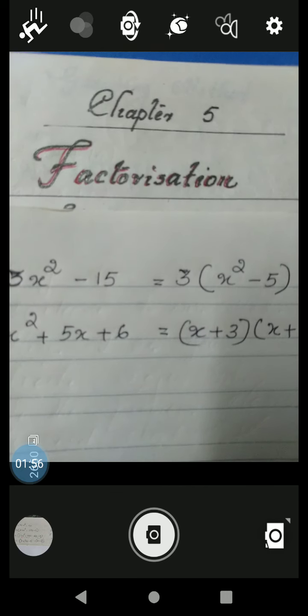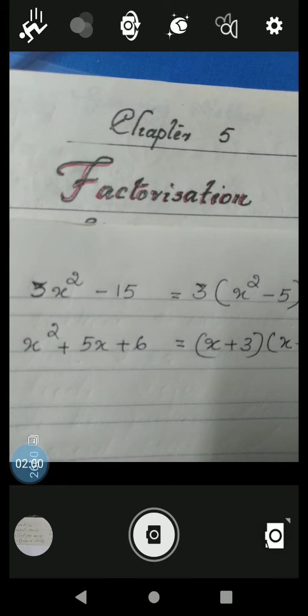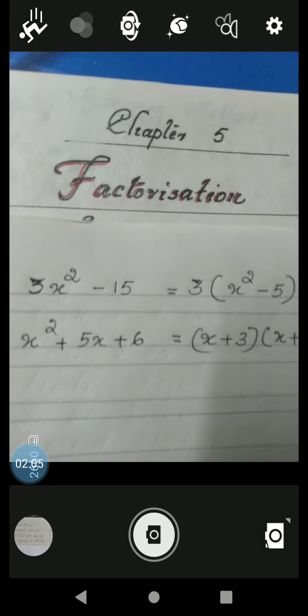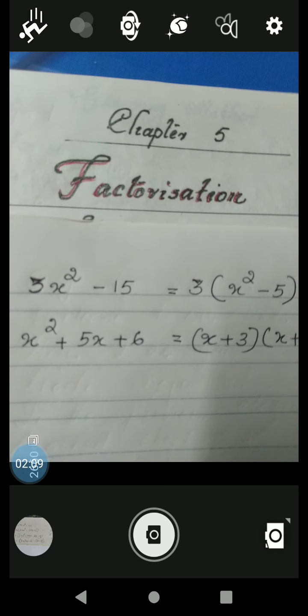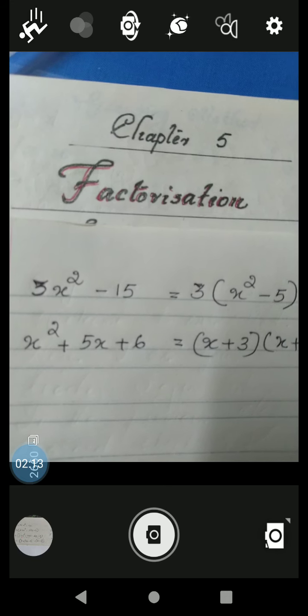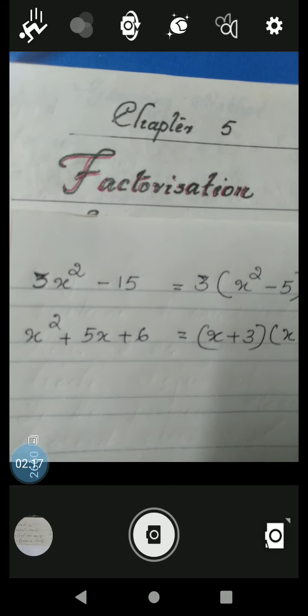Now we are going to learn about factorization. Do you remember what is factorization? Factorize, what is the meaning? We can write 20, which is equal to 4 into 5.